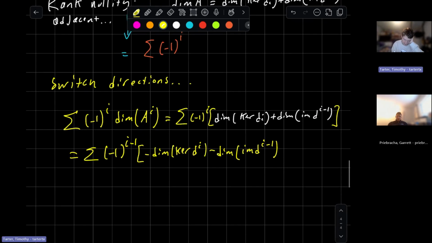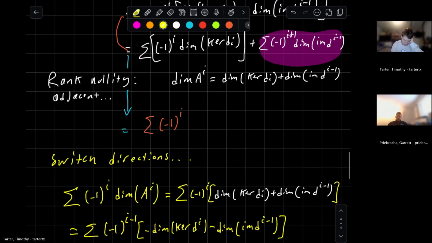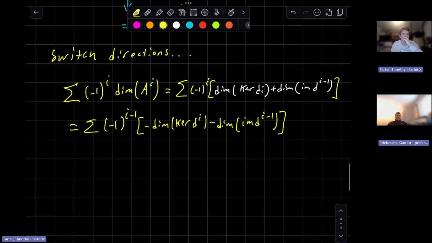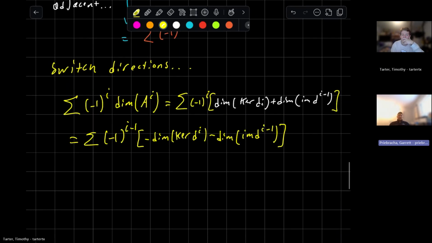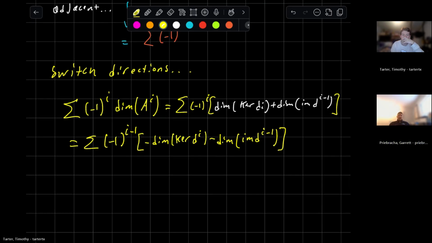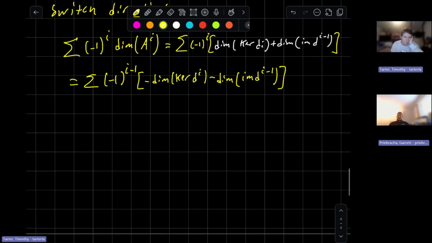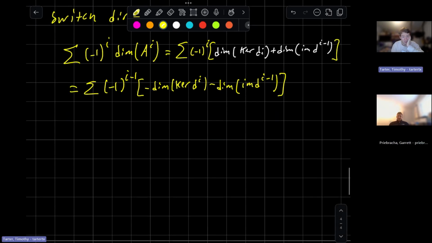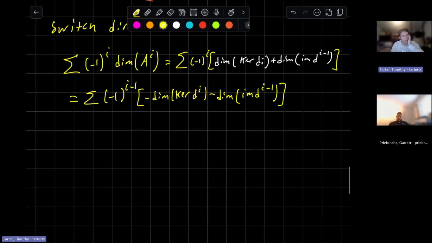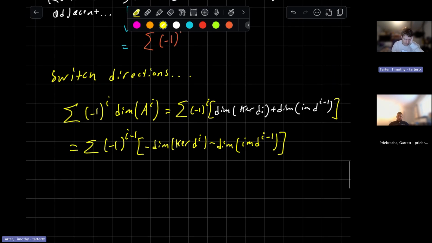I just don't think that works. What if you did (-1)^i times dim ker d_i minus (-1)^(i-1) times the dimension of the image? I'm just kind of spitballing here at this point. No, I mean that's what we need.